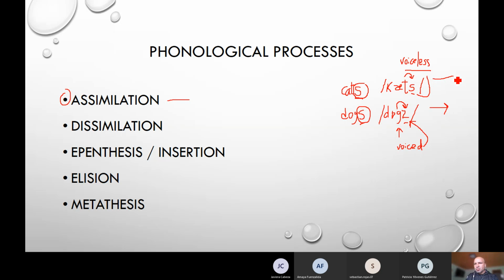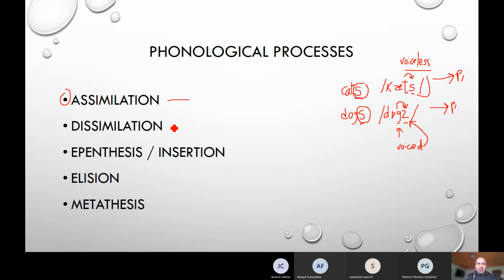So this is called progressive assimilation, right? Is this partial or complete? I would say partial. Is it contiguous or non-contiguous? They're next to each other, right? So it's contiguous.